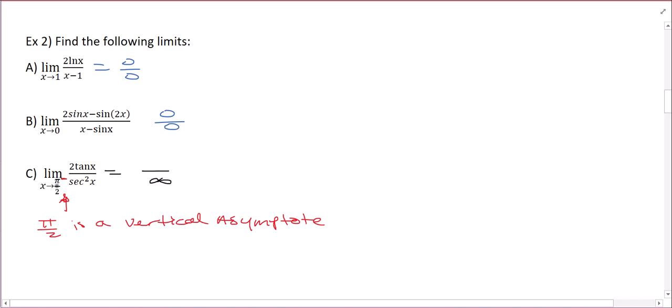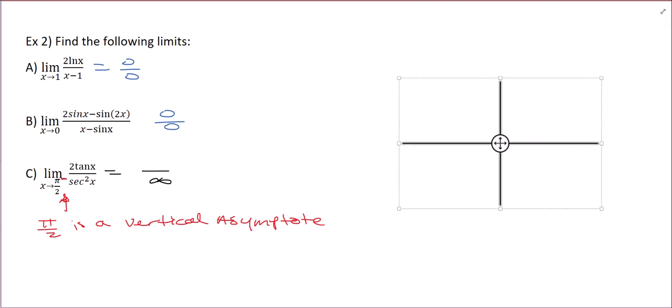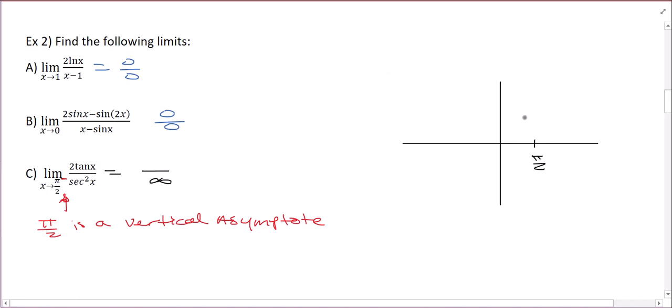What about as x goes to pi over 2 from the left of tangent of x? Here you may want to remember your graph for tangent. So what does tangent look like? Tangent is the one with all the vertical asymptotes at the pi over 2's, and it looks kind of like the cubic function. So this is tangent, and it just kind of continues like that, right?